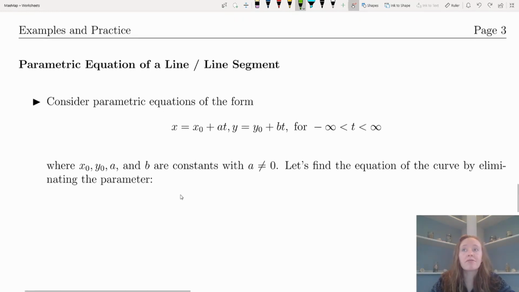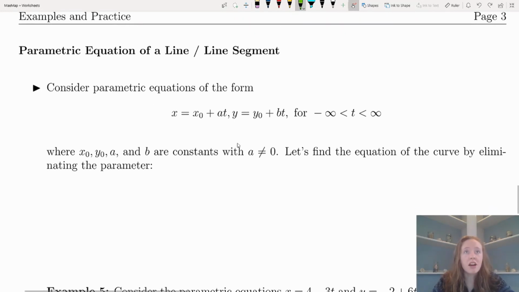So let's go ahead and find the equation of the curve by eliminating our parameter. Remember, how we do that is we solve for t using one of our equations. I like to use my x equation and then plug it in for y, but you can use your y equation and then plug it in for x. I'm going to do x minus x naught equals a times t.